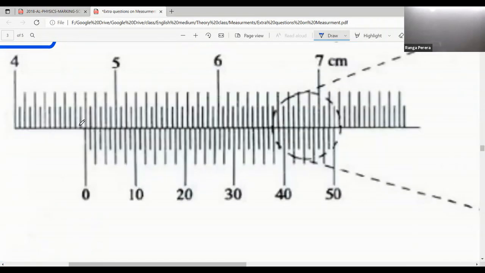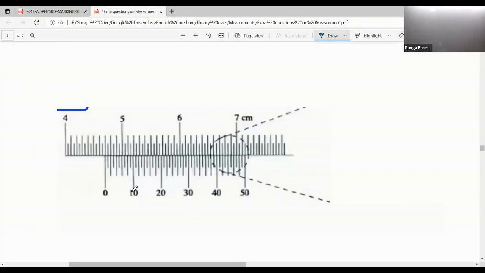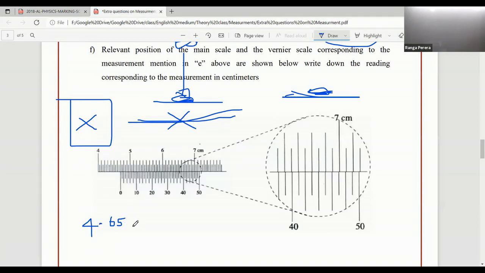If you zoom in more, 4.65. I can read 4.65 centimeters from the main scale without any problem. The balance I should read from the enlarged scale.